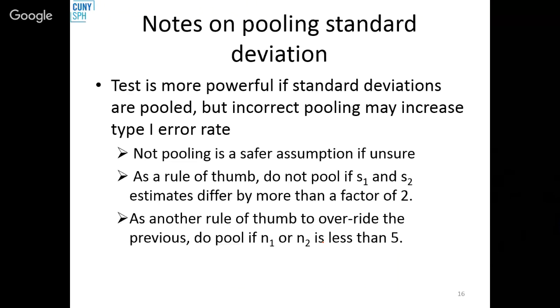So if you have big enough samples and they have very different standard deviations, then definitely don't pool. But if you have any very small sample sizes, then it is smarter to pool. You actually can end up also with type 1 errors, elevated type 1 error rates if N1 or N2 are very small, like if it's only 2 people in one of these groups.